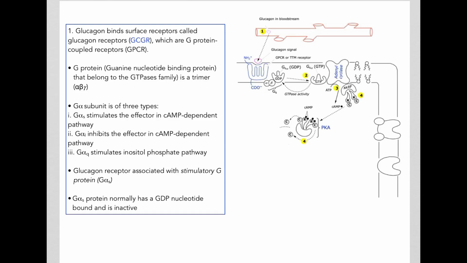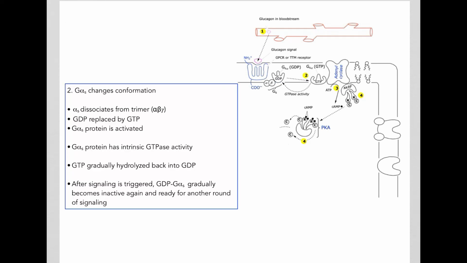So normally the G-alpha S has a GDP nucleotide bound. And when the GDP nucleotide is bound, this protein is inactive. However, when the signal binds, the receptor changes shape, and that causes the G protein to change shape.